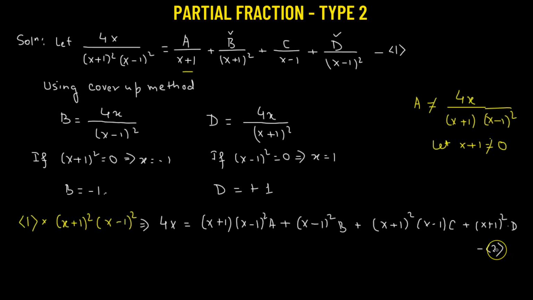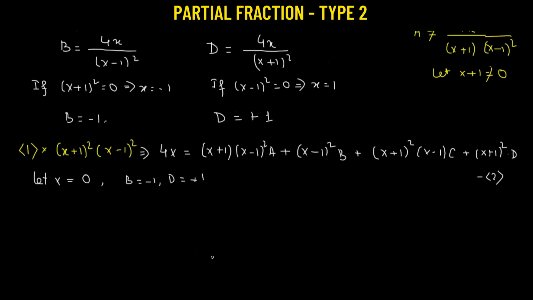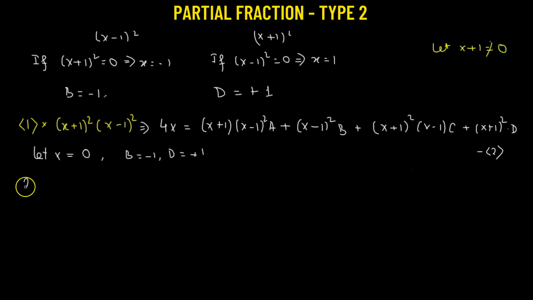Now clearly equation number 2 is an identity in x. So if we consider a particular value of x, let's take x equal to 0, and we already have the values of B and D. B is negative 1, D is positive 1. If we substitute this back into equation number 2, it gives us A minus C equals 0, or we can say A equals C. Then we consider another value of x.